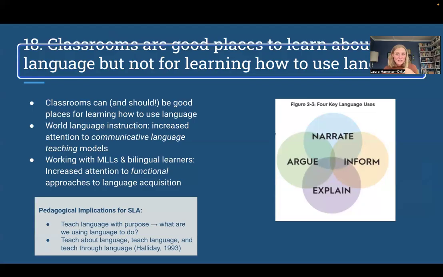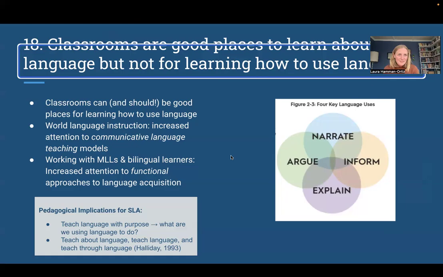So engaging students in content, regardless of whether you are a world language teacher or a second grade teacher or a high school science teacher, teaching some content through the medium of language. Those three ways together are the most effective for supporting students to learn language.